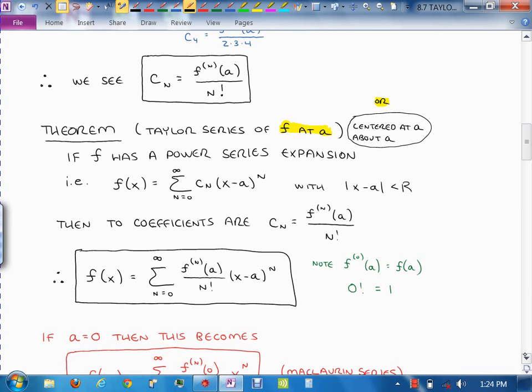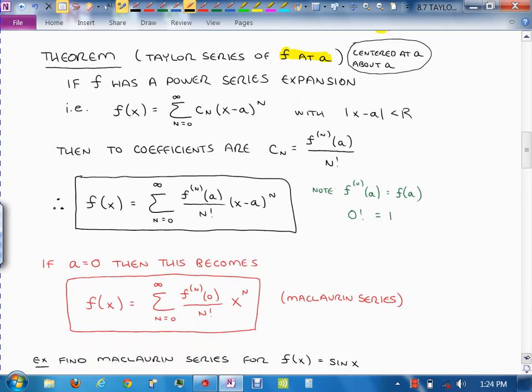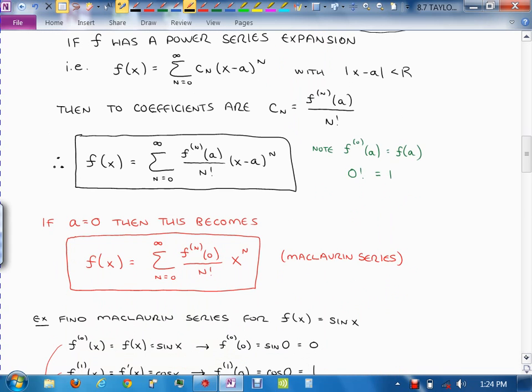Now, what if a is 0? Here's Taylor's formula. What if a is 0? That means we have x to the n out here, and we'd be plugging 0 in here also. So what we get is this formula.